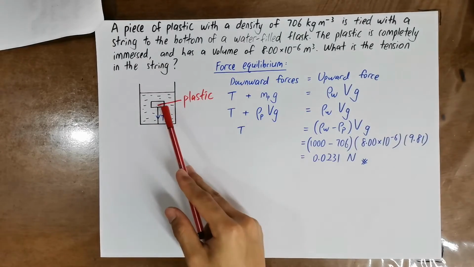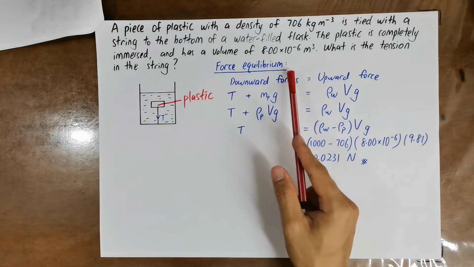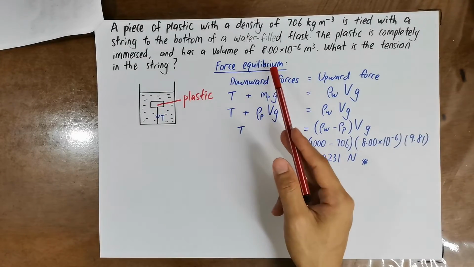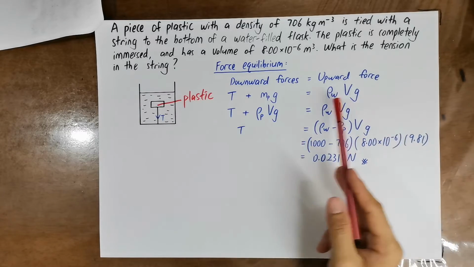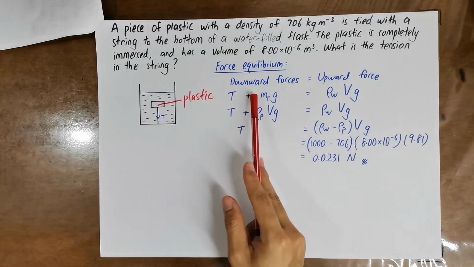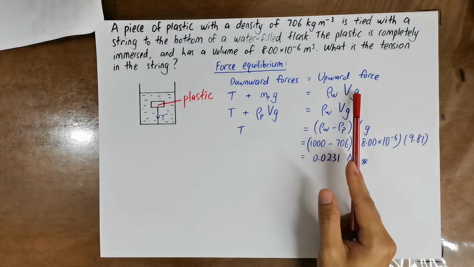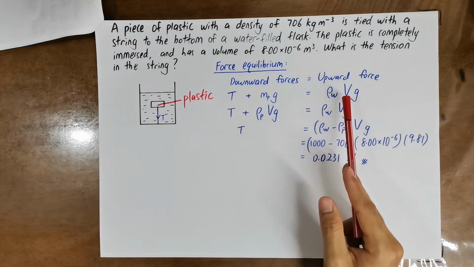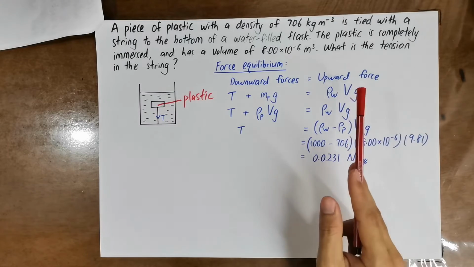You know that it stays in place, so this is also a case of forces in equilibrium. The downward force is equal to the upward force. The downward force is the tension in the string plus the weight of the plastic itself, and the upward force is the weight of the fluid that you displace.